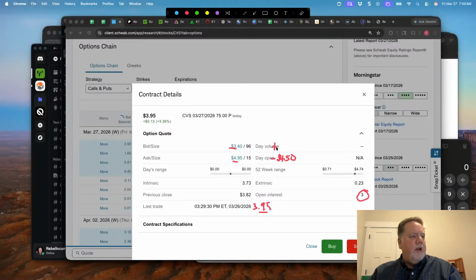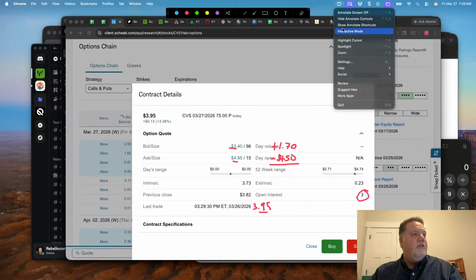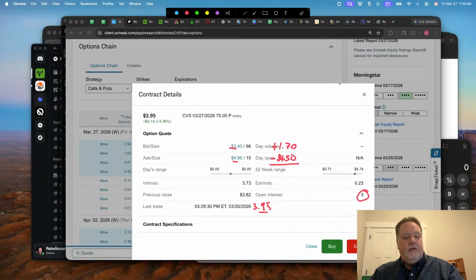But remember, I brought in $1.70 in terms of the credit on the put selling trade. So my loss on this is going to be, well, let's just go ahead and give in and use the calculator, shall we?